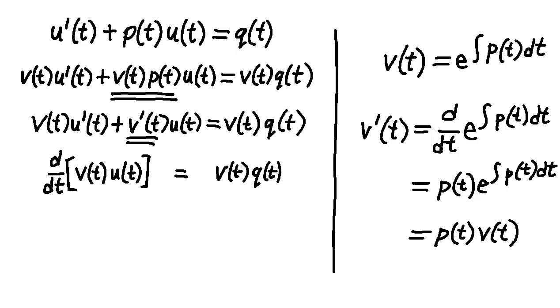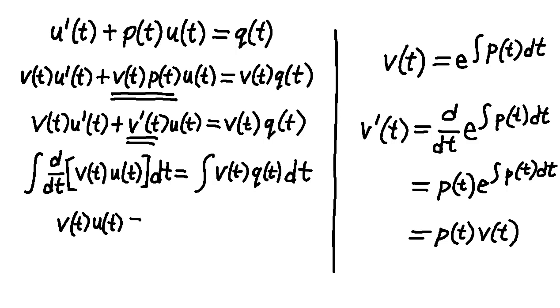Remember, we're trying to solve for the unknown function u of t. We can work toward isolating u of t if we now integrate both sides of the differential equation with respect to t. Doing this leaves us with v of t times u of t on the left, because integration undoes differentiation.